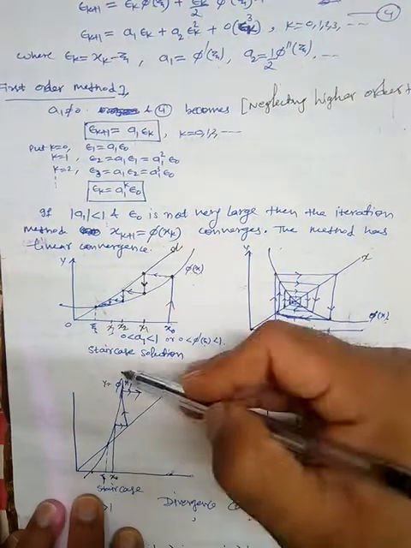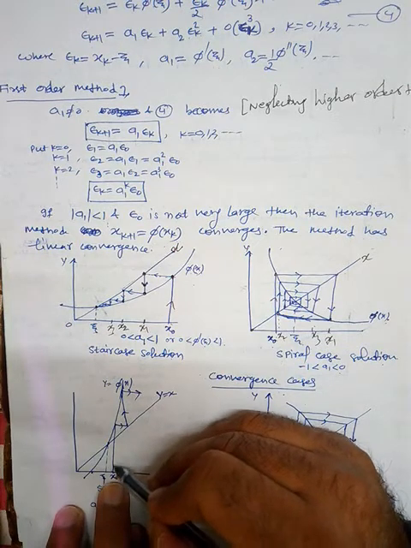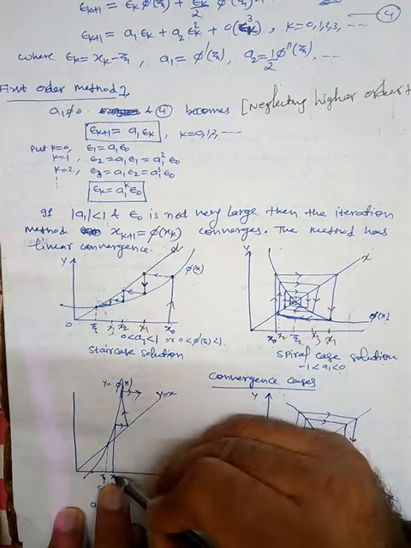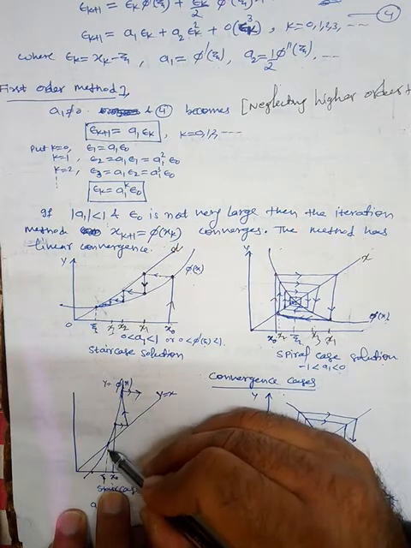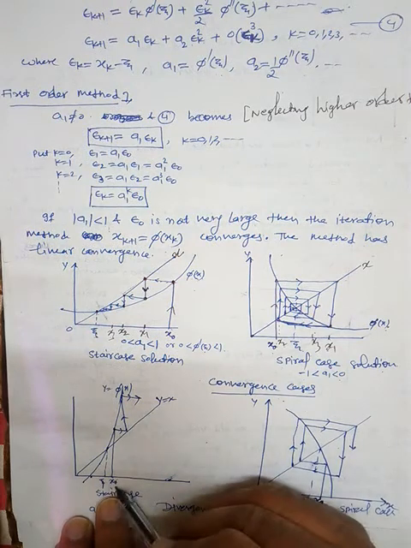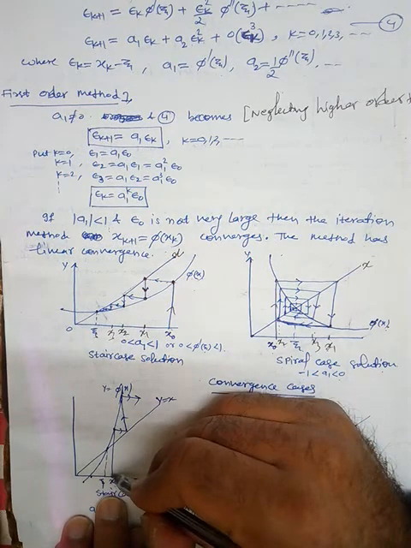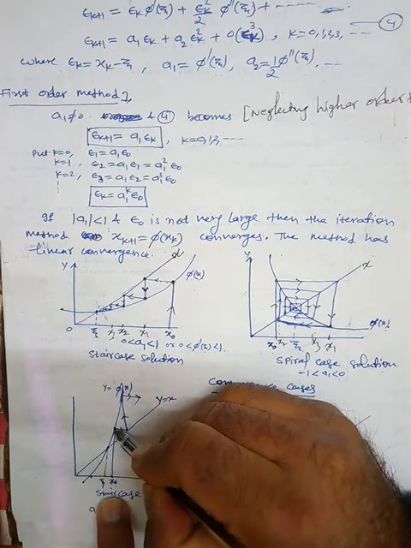This is x, this is the curve. When you started from here, this is phi of x naught. This is the exact root. We have started with a very close point. X naught is very close to xi. We have started with this.